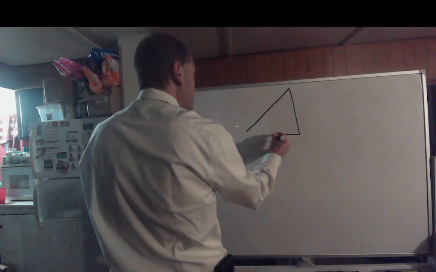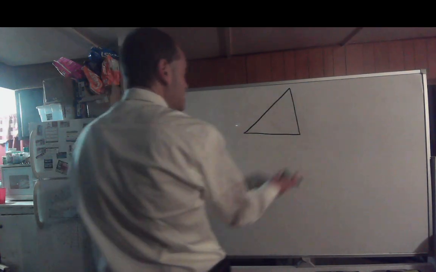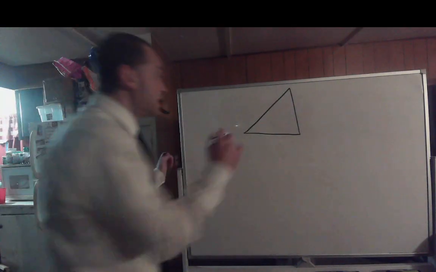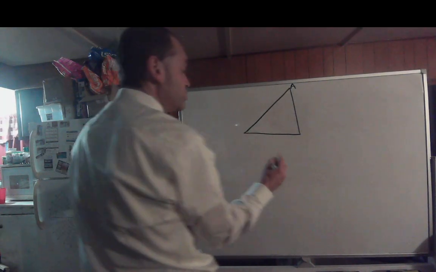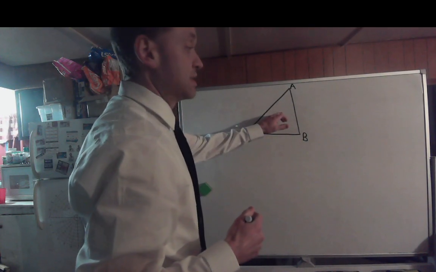Here, let's set up our triangle. Now, where a lot of people go wrong, this may look like a right triangle, but it's not. A lot of people go wrong in the fact that they don't arrange the triangle properly, so they can label their angles correctly.